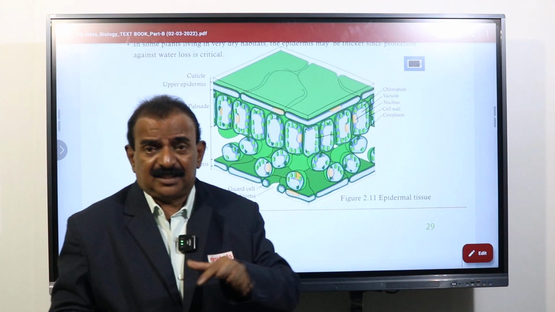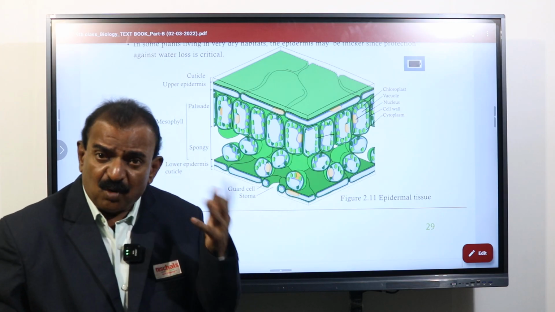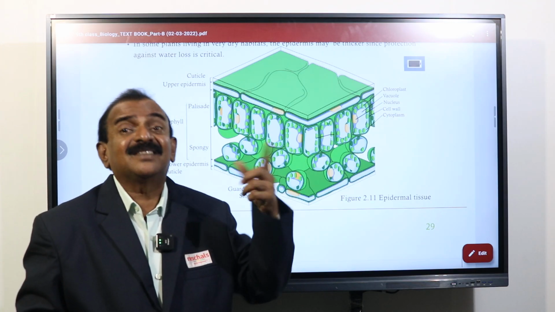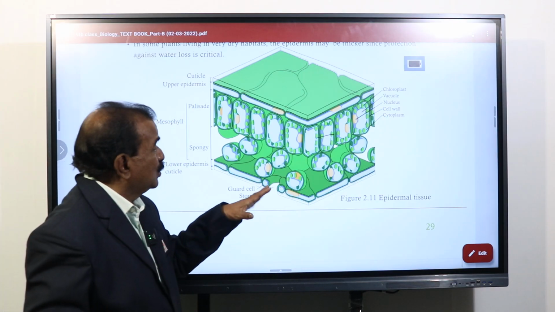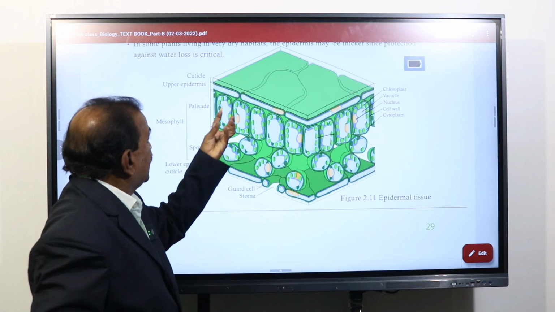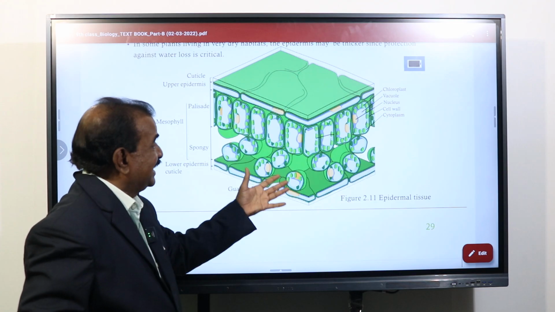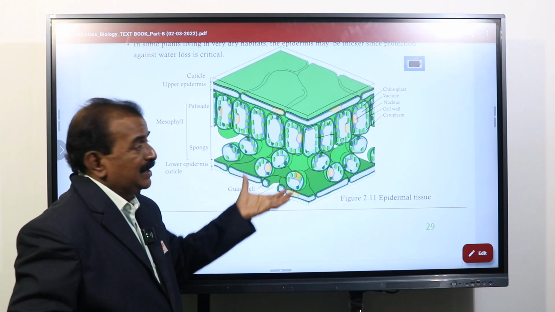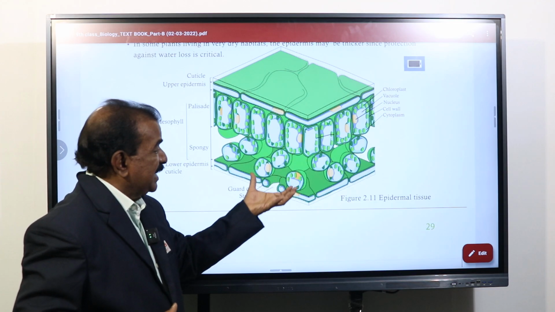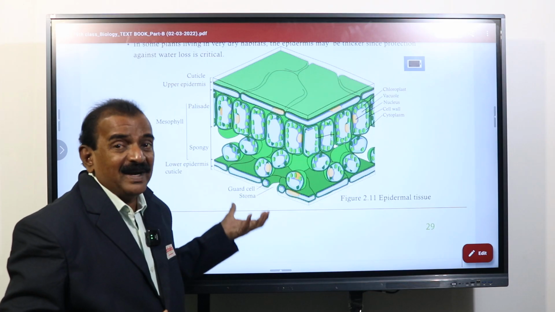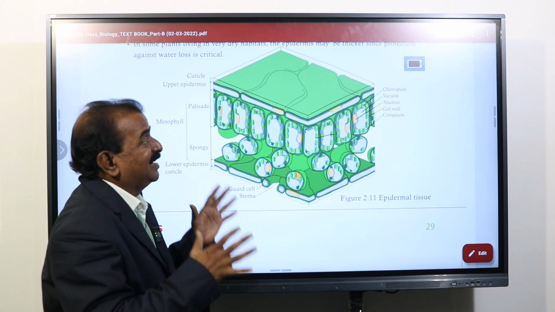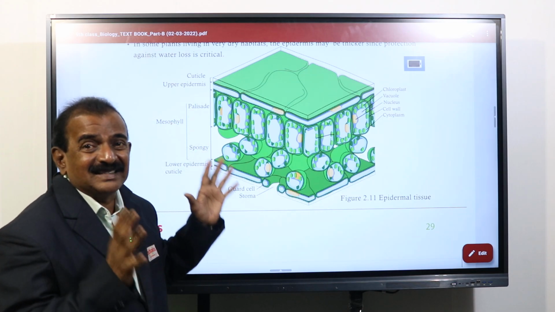In this way gas exchange takes place during photosynthesis and respiration. Again you are observing the epidermal cells on either side, the mesophyll tissue, palisade parenchyma, spongy parenchyma, guard cell, and stomata. All these are the parts of TS of leaf.